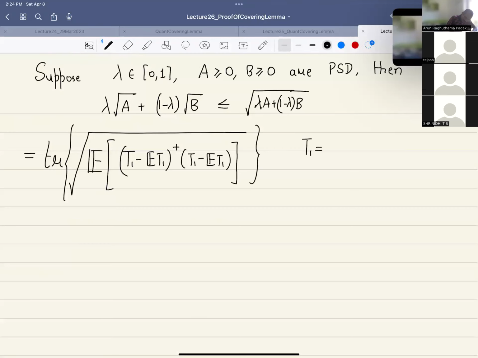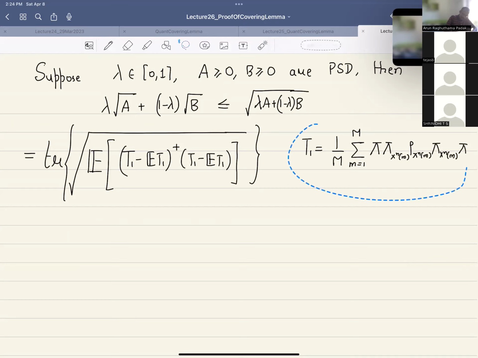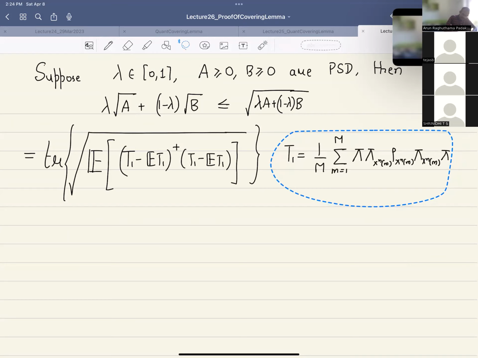T1 is this: 1 by M, sum over m equal to 1 through capital M, pi x_n(m) rho x_n(m) pi x_n(m), with an indicator function if you desire so. This indicator function is really not needed, but I put it so that you don't have questions later on.